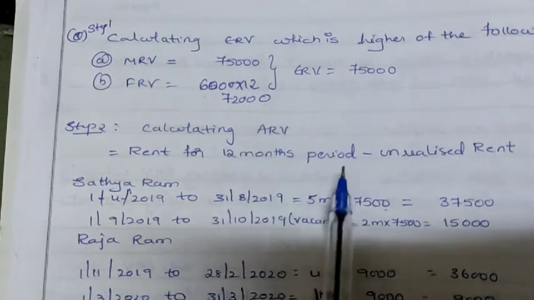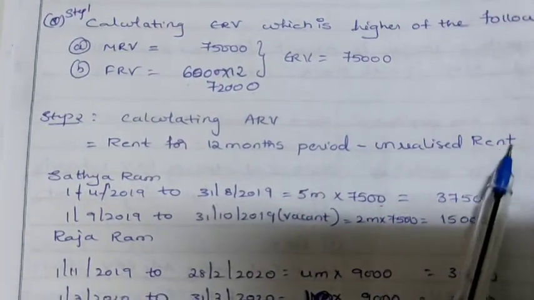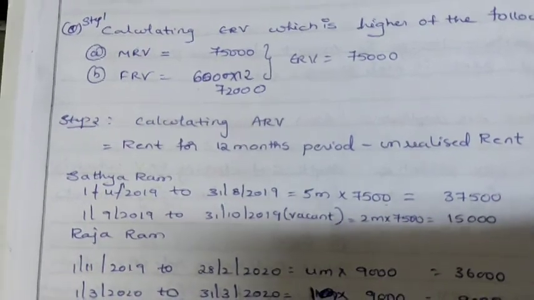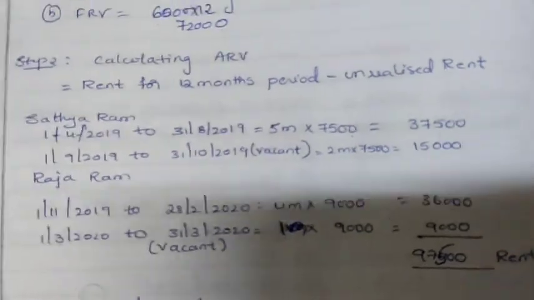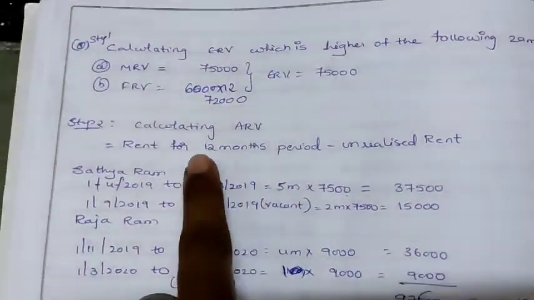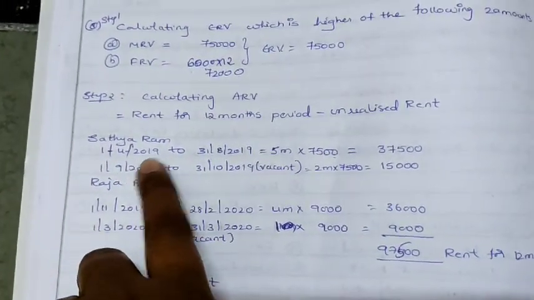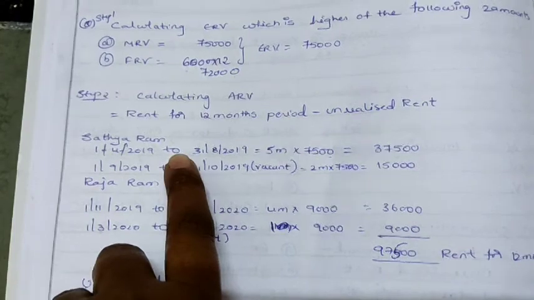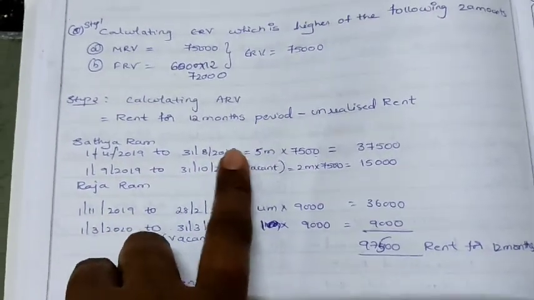Next, step 2, calculating ARV. ARV is equal to rent for 12 months period minus unrealized rent. First of all, we calculate the rent for 12 months period. Satyaram, from 1/4/2019, the house is given for rent purpose. Till 31st August 2019, he has stayed in the house, means total 5 months.